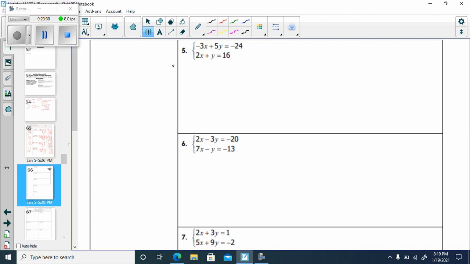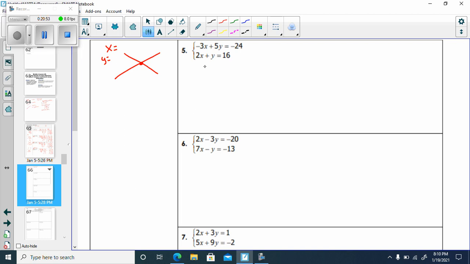Okay, let's go to the next page and let's try these. I'm trying to find where these two lines intersect. Okay, is there any x equal to or y is equal to here? There's not. The x's are lined up, the y's are lined up, the numbers are lined up. I cannot use substitution.